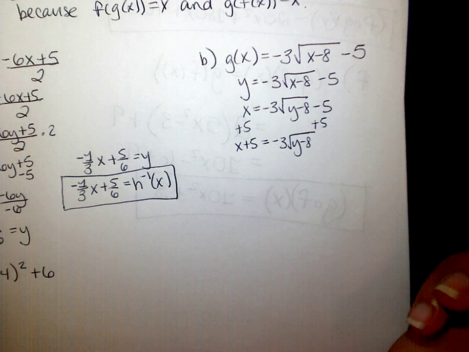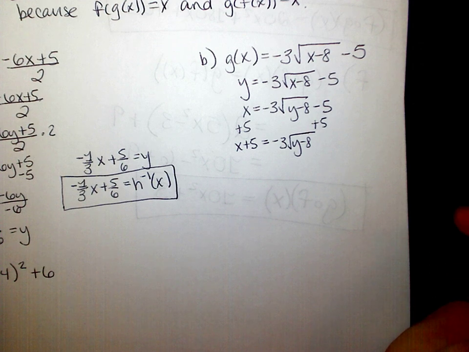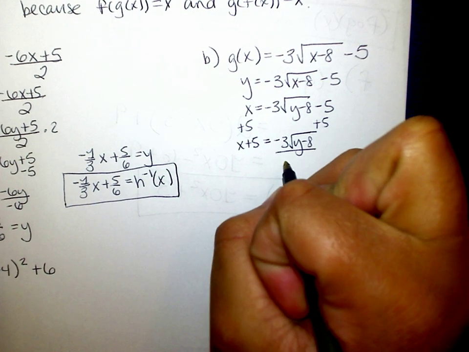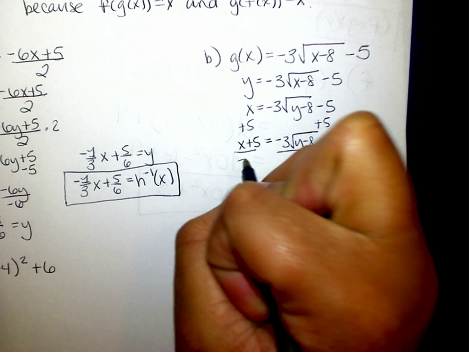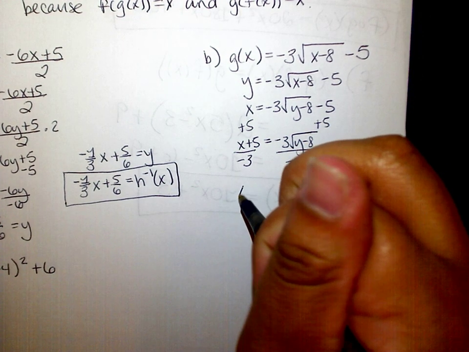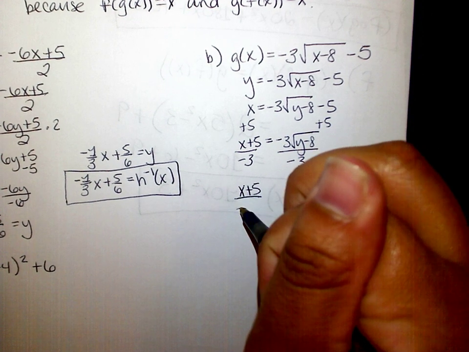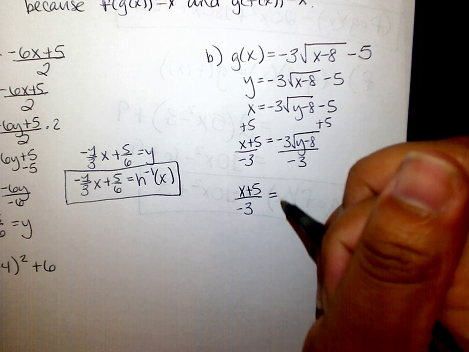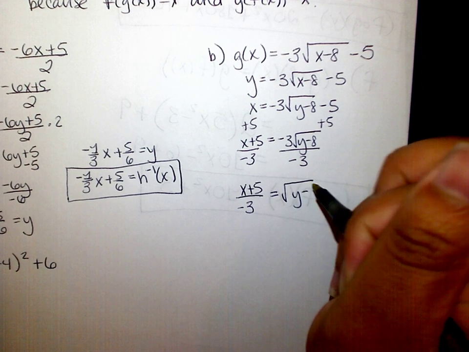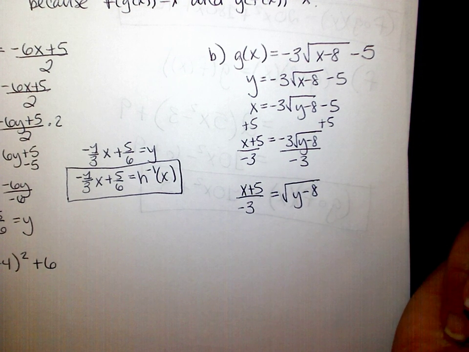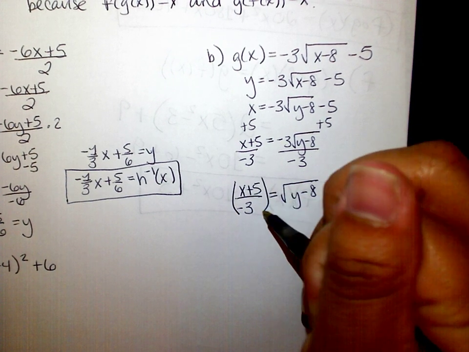We are going to divide both sides by negative 3. So then we get x plus 5 over negative 3 equals the square root of y minus 8. We're going to square both sides.